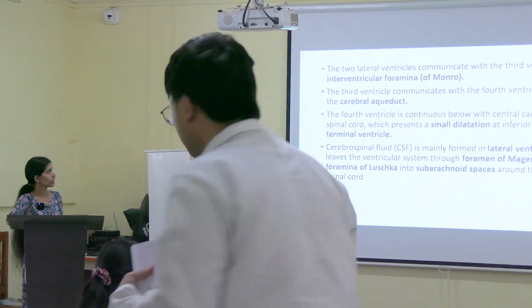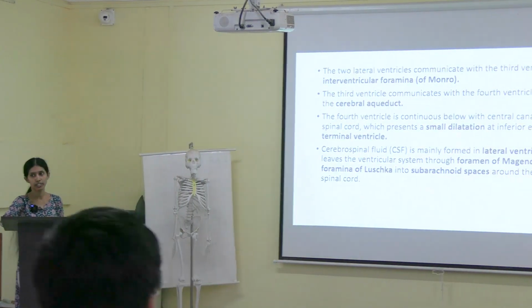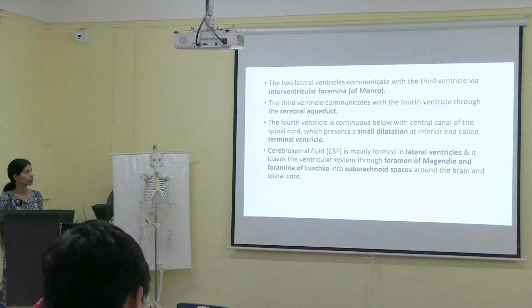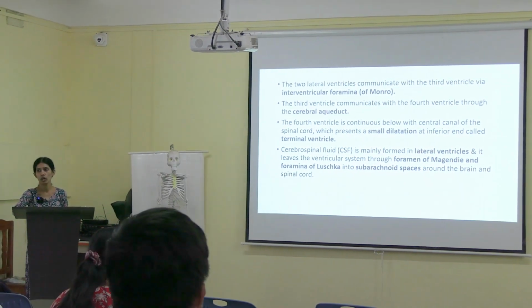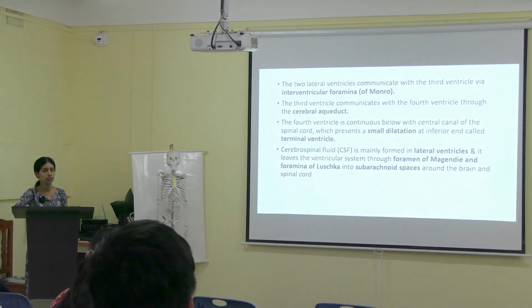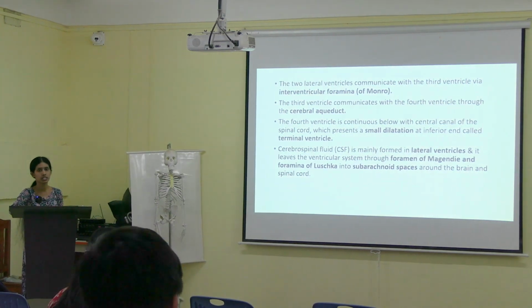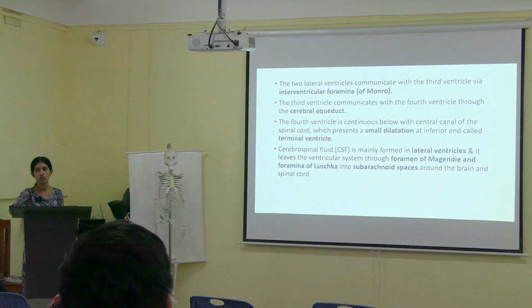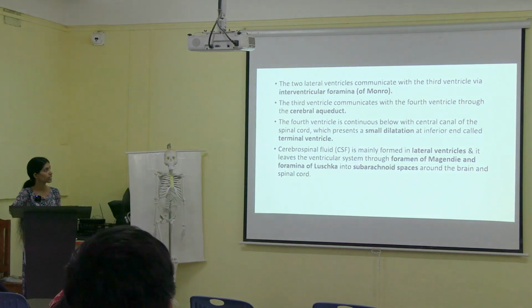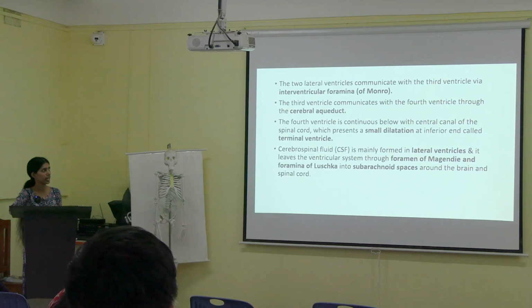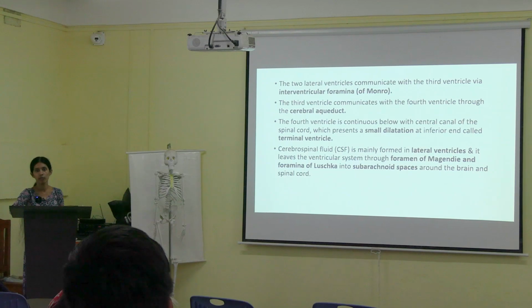The two lateral ventricles communicate with the third ventricle via the interventricular foramen, which is also called the Foramen of Monro. The third ventricle communicates with your fourth ventricle through the cerebral aqueduct, also known as the aqueduct of Sylvius. The fourth ventricle is continuous below with the central canal of the spinal cord, which represents a small dilation at the inferior end called the terminal ventricle.